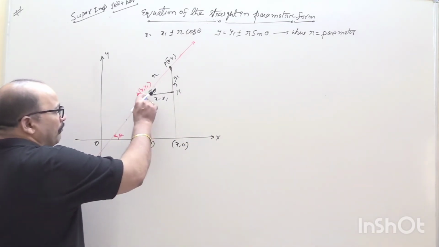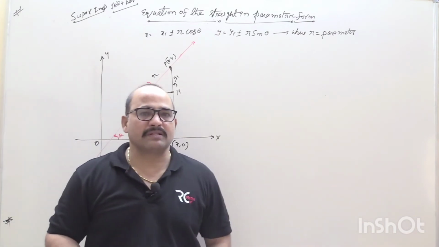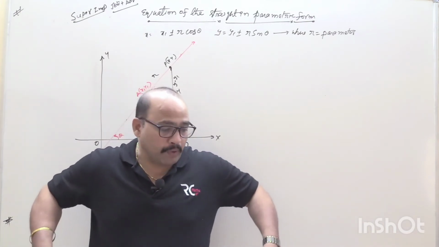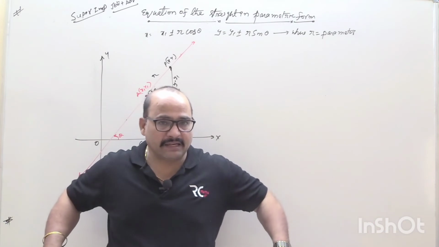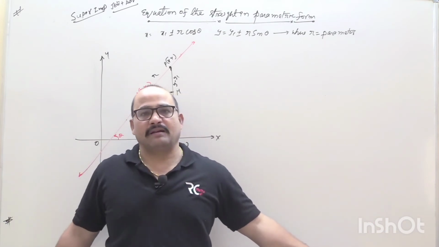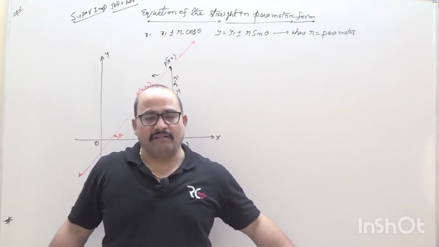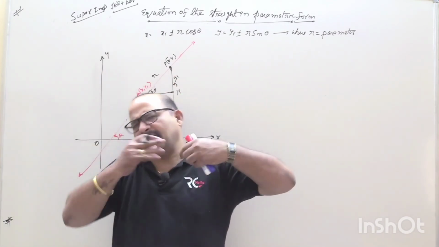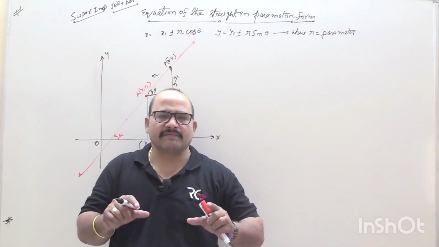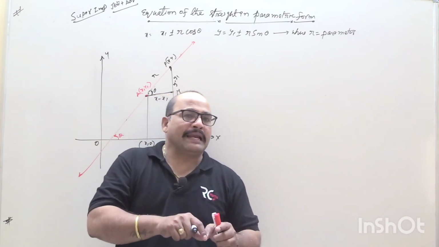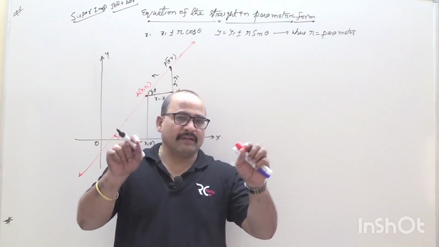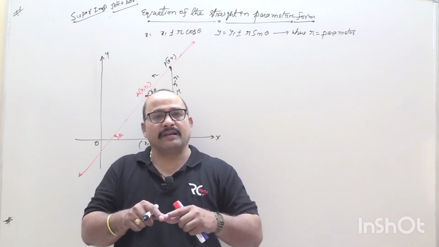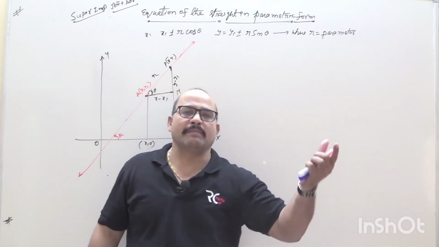My position is x1 comma y1. Now I am going to find the points on either side. What is the use of parametric form in entire mathematics? Whenever we need a point on the line, we use parametric form.